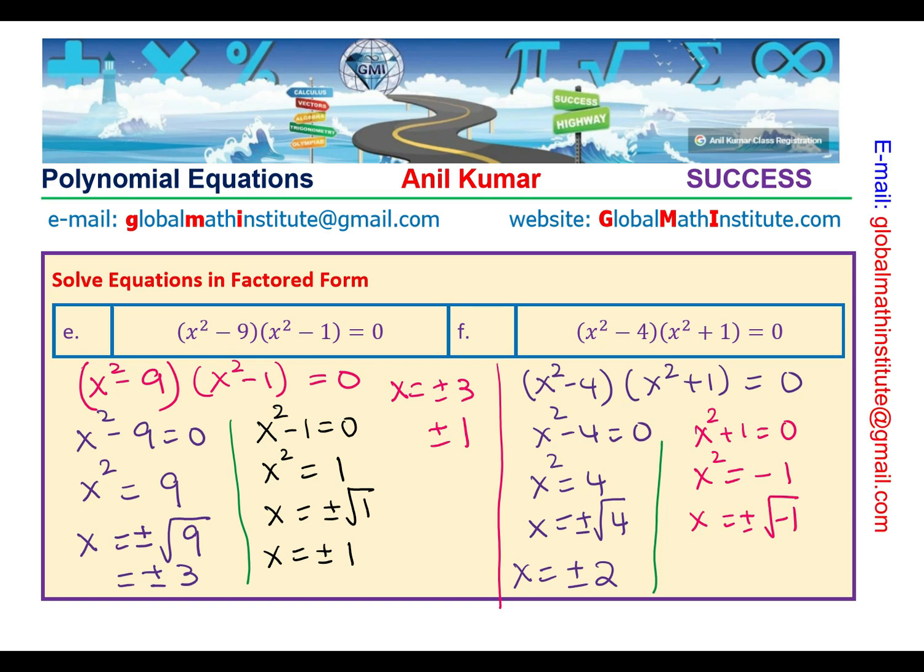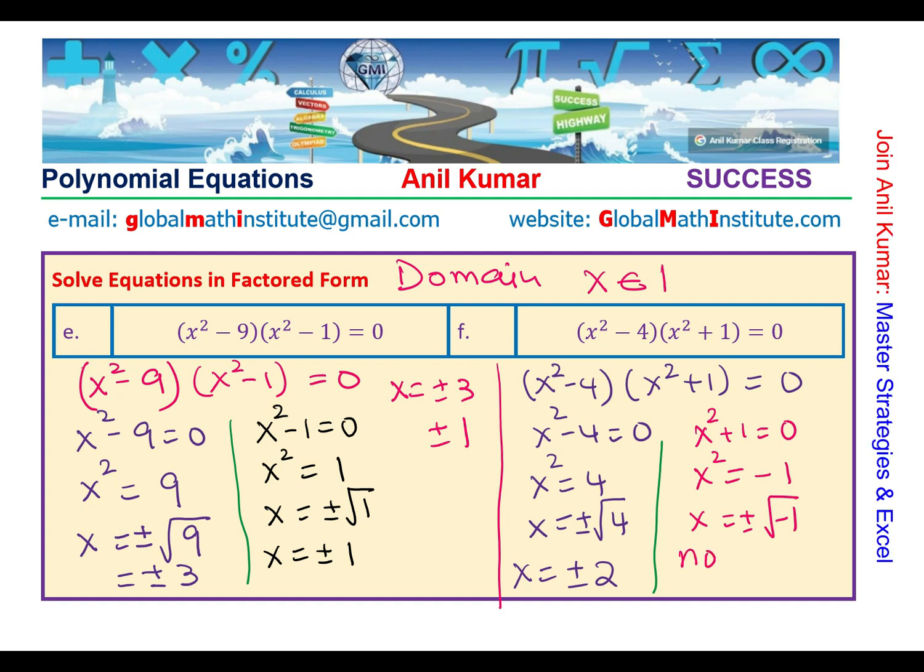So at this stage it is important to understand when we are solving this equation, what is the domain? So let me write down, let's say domain is all real numbers. x belongs to real numbers, right? In that case, we have no solution for square root of minus 1, right? So we have only two solutions for this equation, which is x equals to plus minus 2.